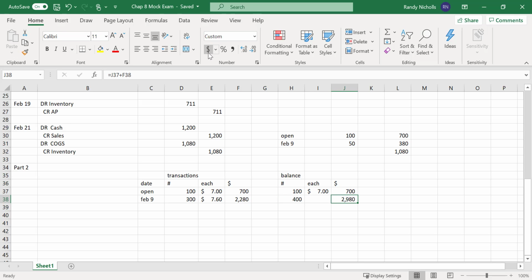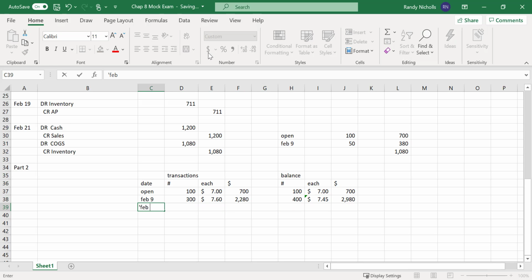I'm tracking the number of dollars. I now have 29.80. So my weighted average cost now is going to be equal to 29.80 divided by 400. Again, anytime you're doing math like this, I would just assess did the number make sense. And it makes sense. It should be somewhere between $7 and $7.60.